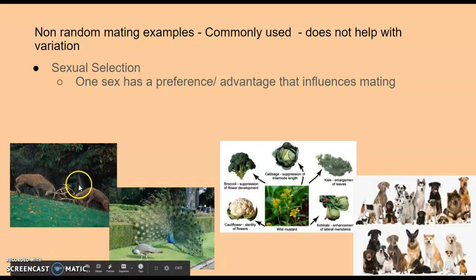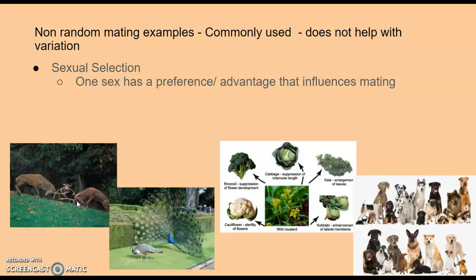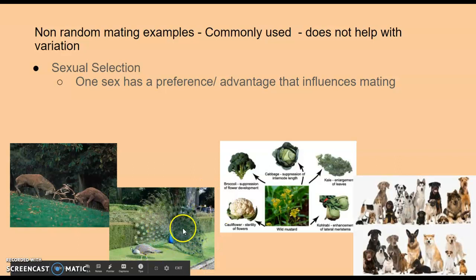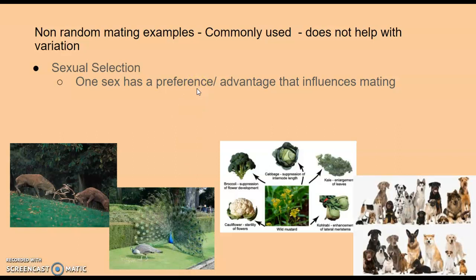Because they use it for territory and fighting. So the antlers of a deer affect how it's going to mate. It's not random. A deer with larger antlers will have an easier time mating than a deer with small antlers. Or peacocks. Peacocks are going to be influenced by their feathers, right? So this is sexual selection. One sex has a preference or advantage that influences the mating.